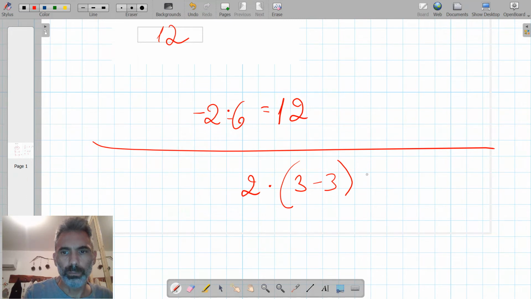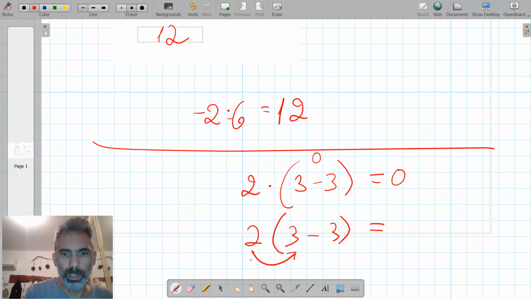The parentheses evaluate to 0, so 2 times 0 is 0. But if we apply the distributive property, we multiply the 2 times 3 and then the 2 times minus 3, and we need to get the same result, of course. So 2 times 3 is 6, 2 times minus 3 is minus 6, then we end up with 0.